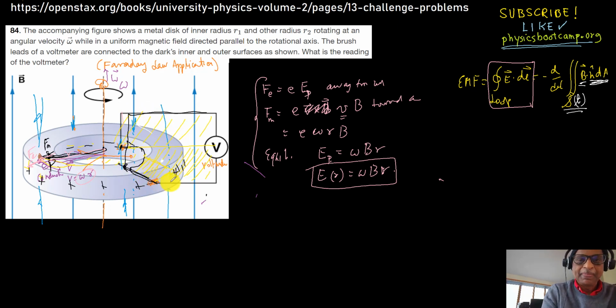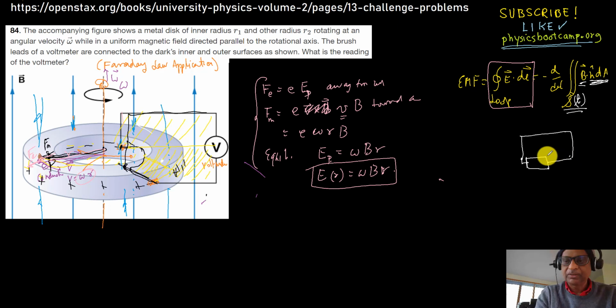So looking from that edge, looking at the cross section, we have this, and our origin is here, and some point is R, and electric field is pointed this way, and so if I just integrate across this, the part of the EMF that we want is from this integration from R equals R1 to R2.